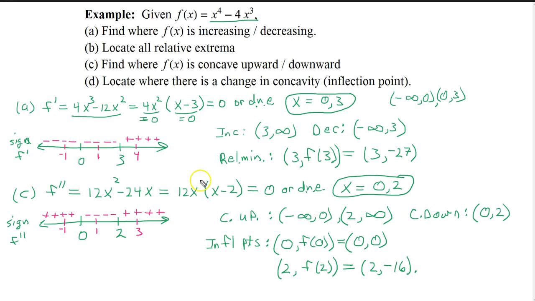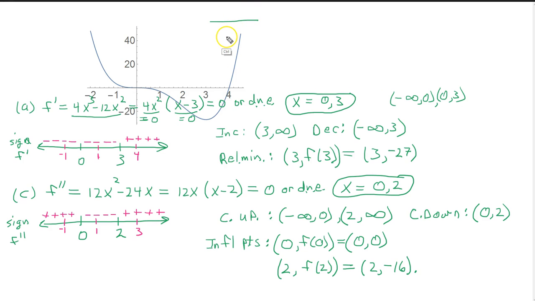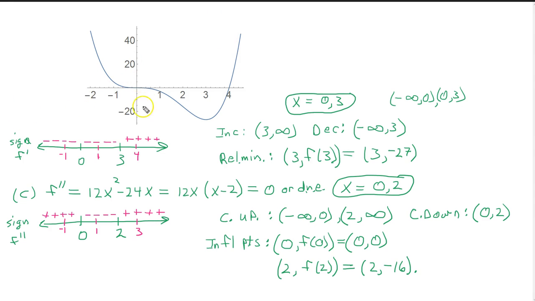Now let's take a look at the graph of this function and see if everything that we've done here agrees with the graph. So here's our graph. Let me just erase a few things here so we can see it. We identified a relative minimum at (3, negative 27), and yes, that looks right, about there it is.